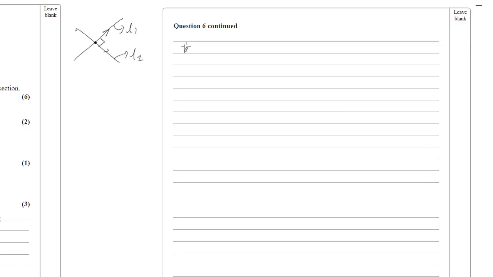So question number B. The dot product of the direction vectors is, for L1, 2i plus j minus k dot 3i minus j plus 5k.